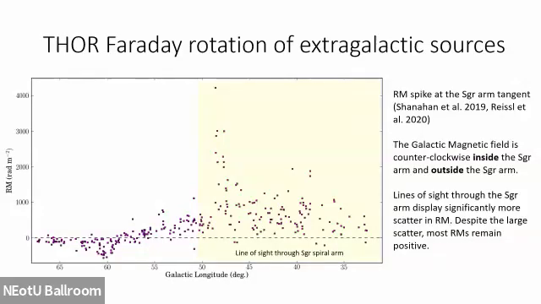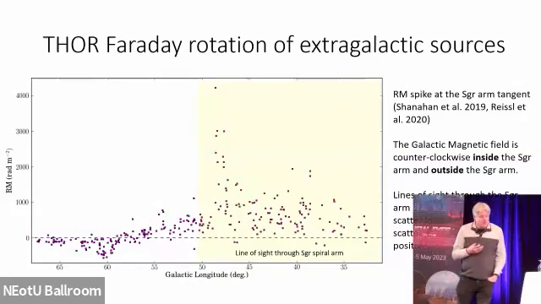Imagine that in this part of the inner galaxy, large parts of the Milky Way are thought to cause negative Faraday rotation. But the net Faraday rotation that we detect is positive. It seems to be to a large extent the Sagittarius arm.